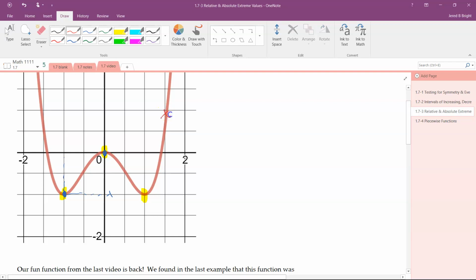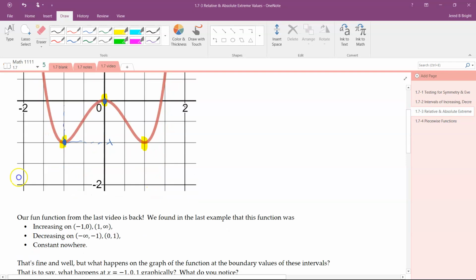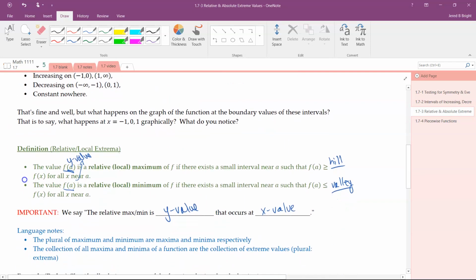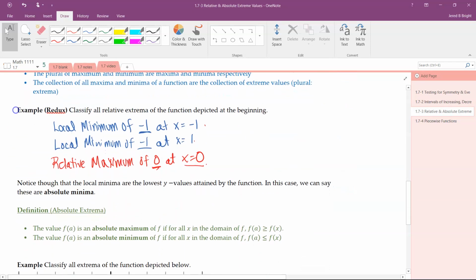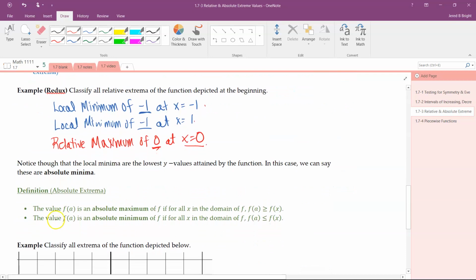So the idea of the lowest y value ever is the idea of, instead of relative, absolute. So we would say the y value is an absolute maximum if it's larger than all other y values. Similarly, we would say it's an absolute minimum if it's the smallest out of all the possible y values.